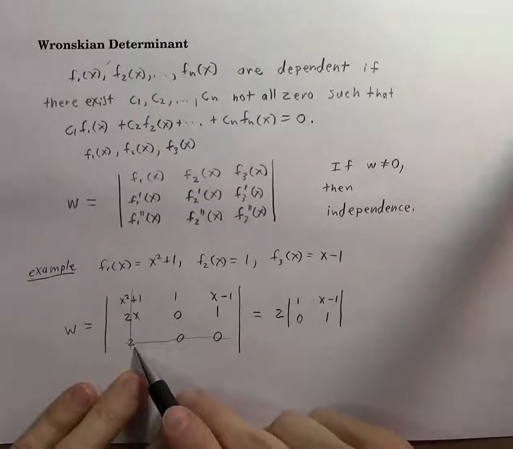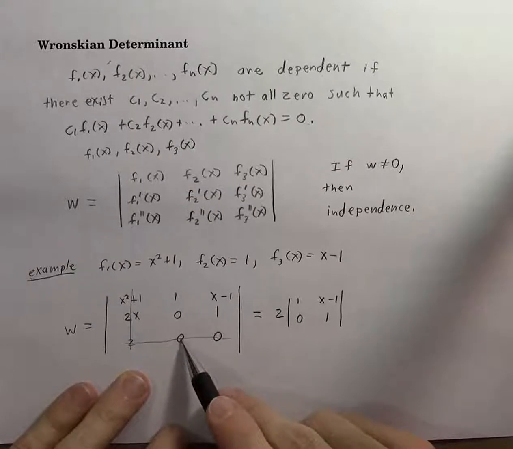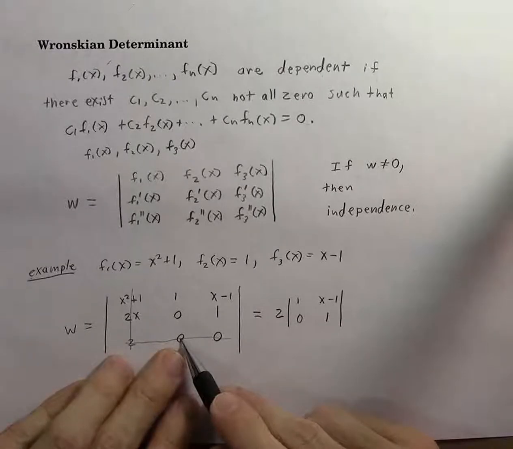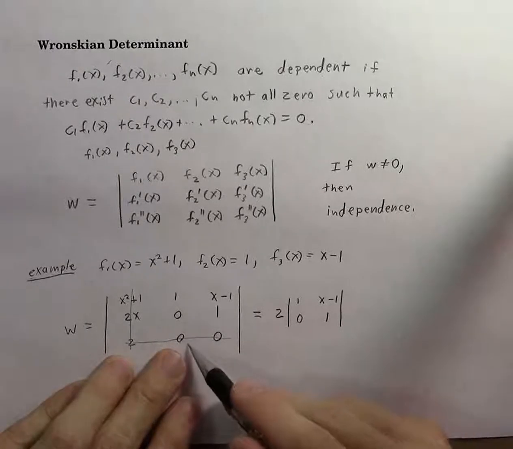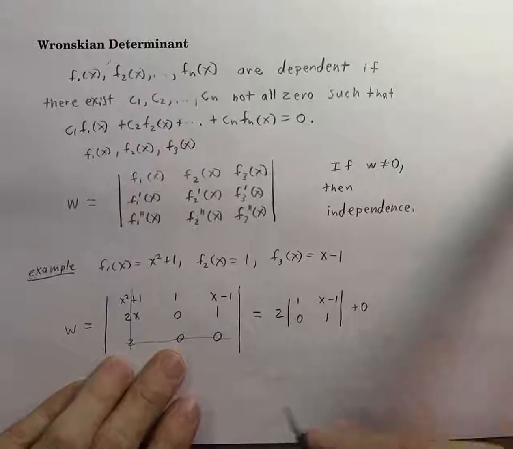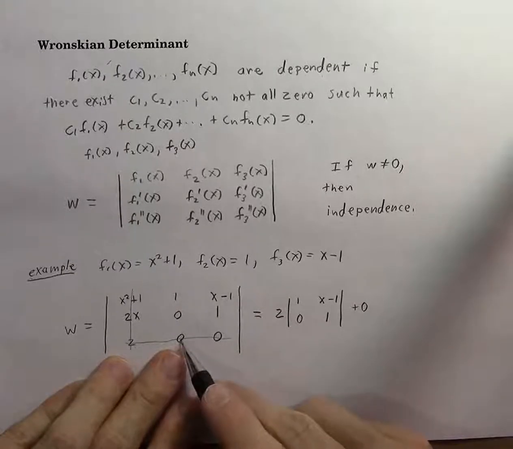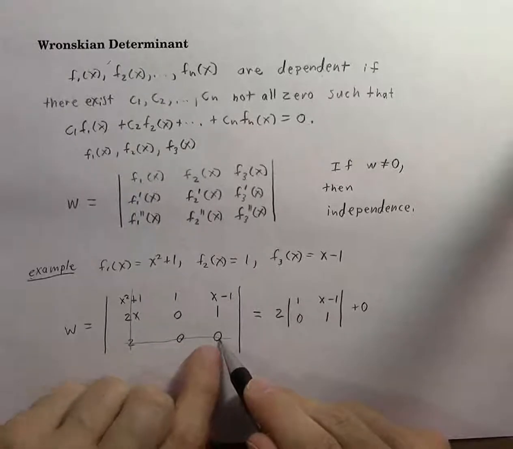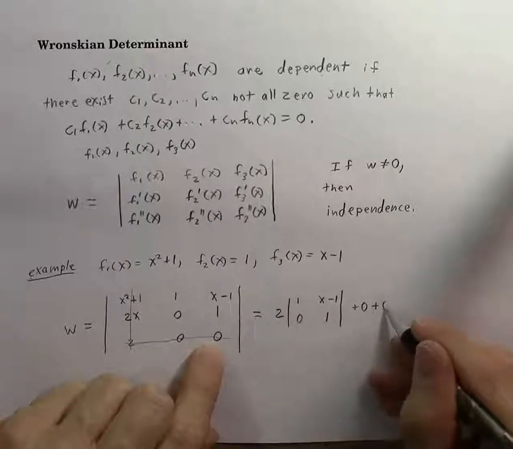Then we would move on to the next entry in our third row. Since that's a 0, it's going to have 0 contribution, so we don't really have to do anything there. It's just automatically a 0. Then move on to the third position, and that's also a 0, so it has 0 contribution.